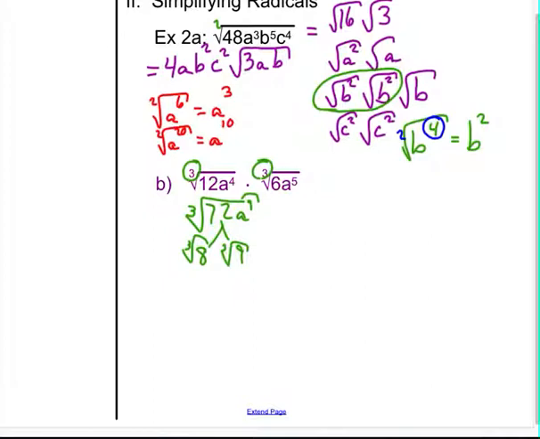When you're taking a cube root, you look for multiples of 3, and I'm talking about exponents here. So this 9, because 9 is a multiple of 3, a to the 9th is a perfect cube. So when I simplify this, I'm going to take the cube root of 8, which is 2, the cube root of a to the 9th, I'm going to take my exponent, 9, divide it by 3, which is my root. So I get a cubed, and then I have the cube root of 9 left over.